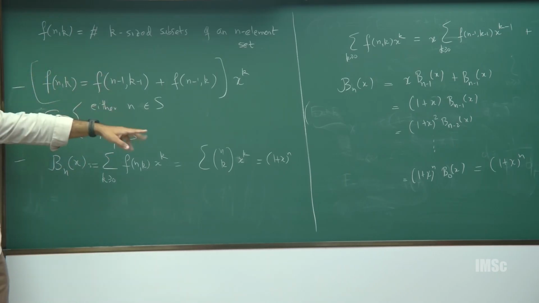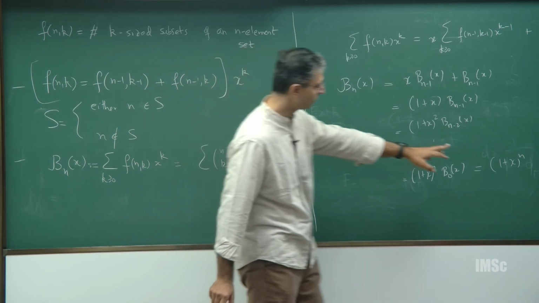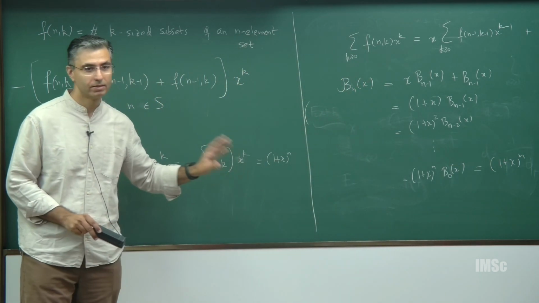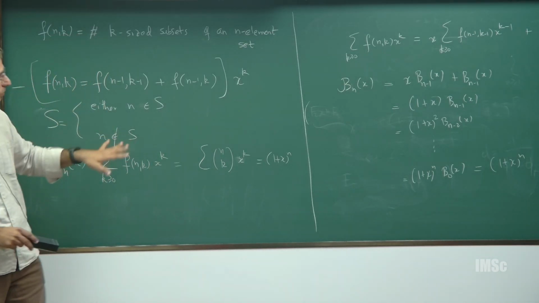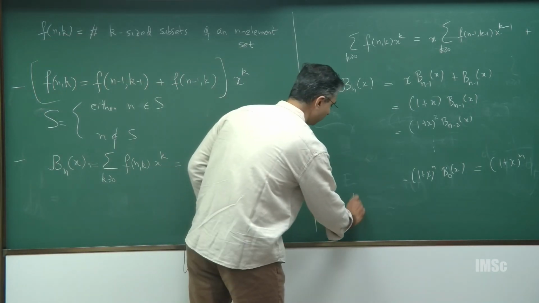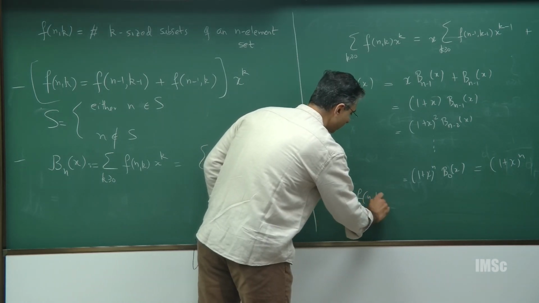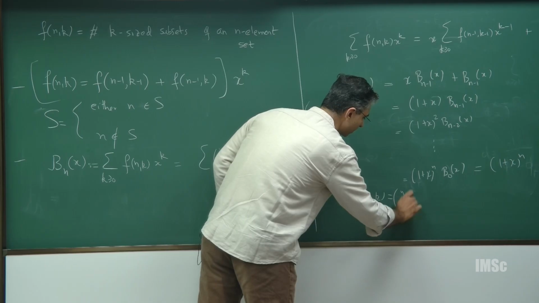It's only because you know that 1 plus x raised to n has coefficients which are n choose k, you can make that claim now that, by comparing the coefficients, Fn(k) is n choose k.